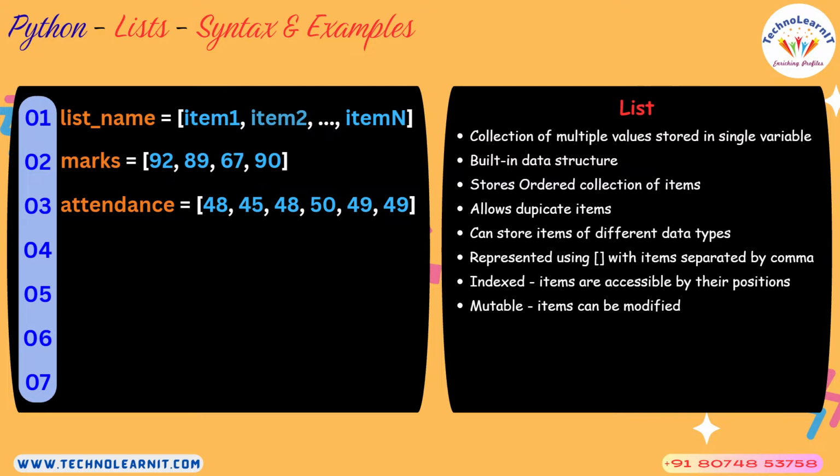Similarly, on the third day, you see 48 is a repeated value. As I said, a list is a data structure that allows you to store repeated values. Here 48 is repeated and 49 is also repeated. This is how you can store duplicate values in a list.